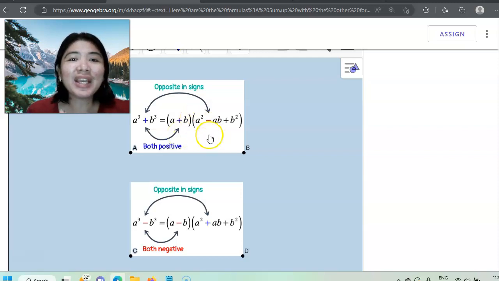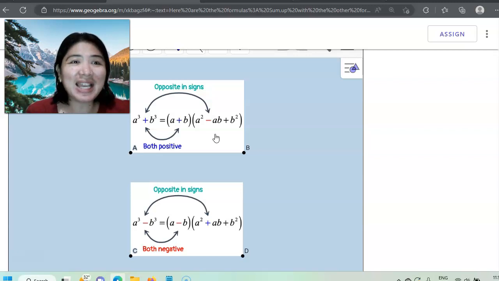And then here O meaning opposite sign. Okay, so looking at the special product sum of two cubes, the sign of the second term is positive. So automatically, the sign of the second term in the trinomial will be negative. Opposite. The opposite of positive is negative.